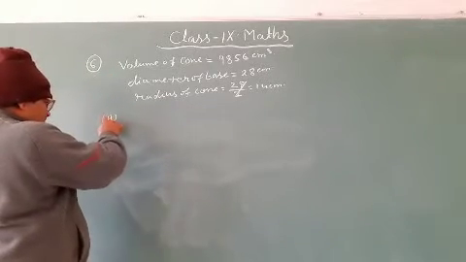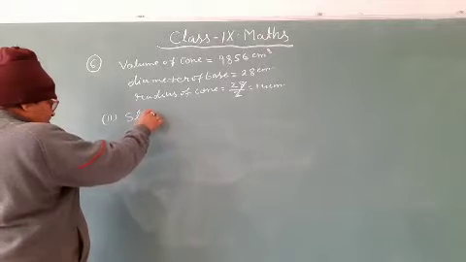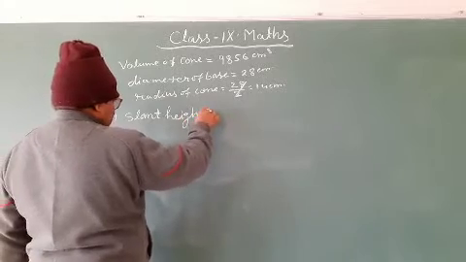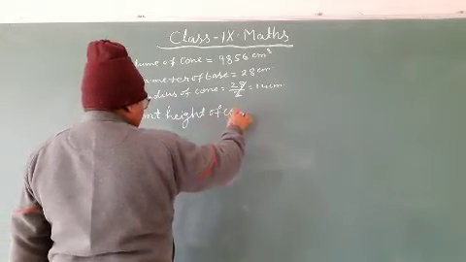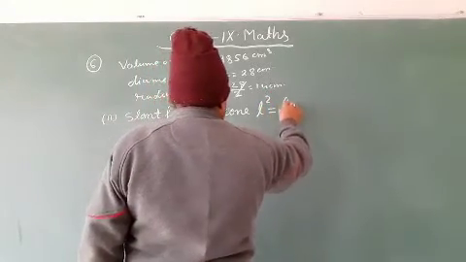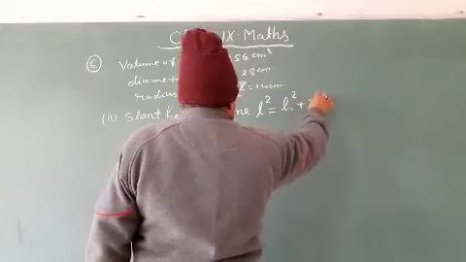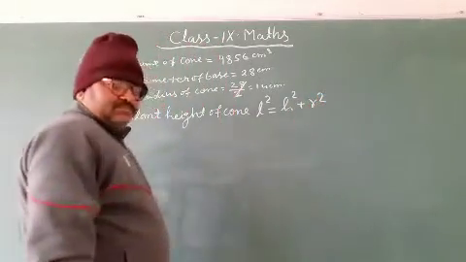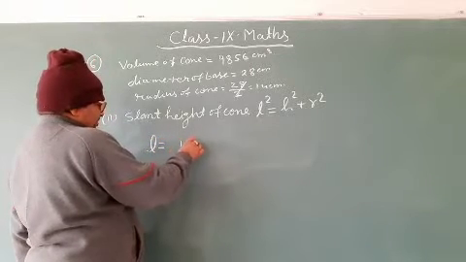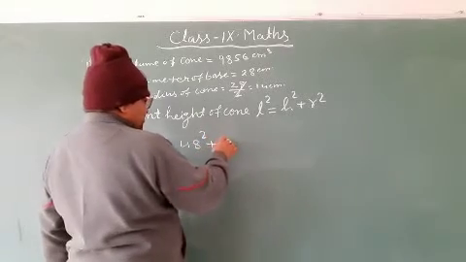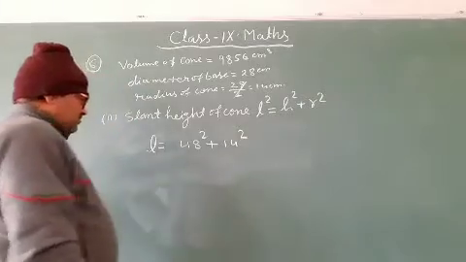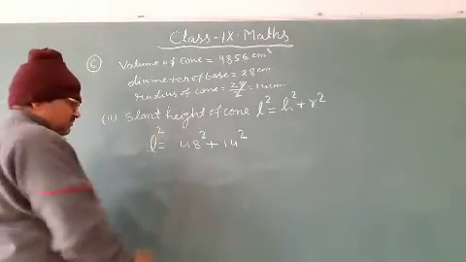Second, slant height of cone. L square equal to h square plus r square, and L is equal to root of h 48 square plus r 14 square.